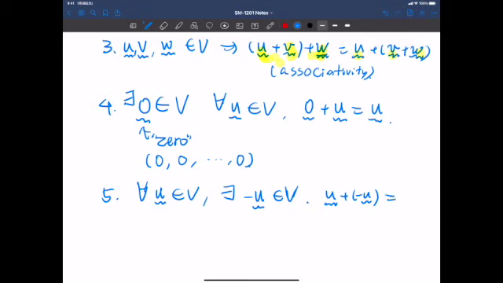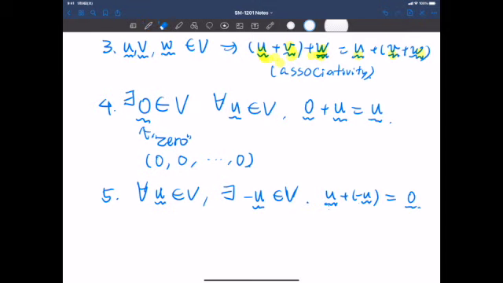If we add these two vectors, we get the 0 vector. Remember, we didn't define subtraction between two vectors. We only defined addition. And this negative u is the additive inverse of u.